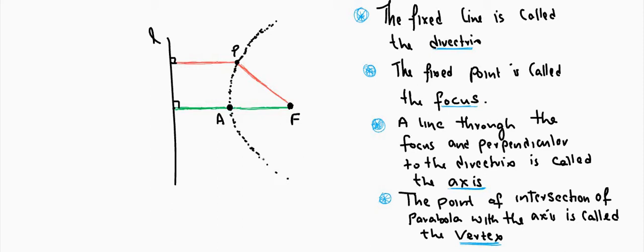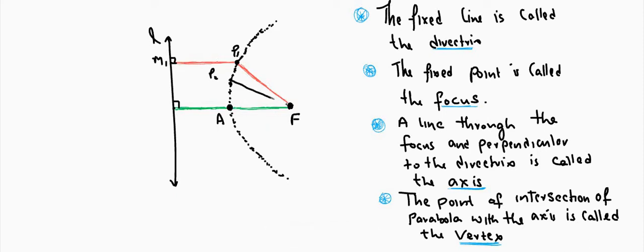Here the fixed line is L and the fixed point is F. Consider a point P1 on this curve. Here FP1 is equal to P1M1. In the same way, let us consider one more point P2.